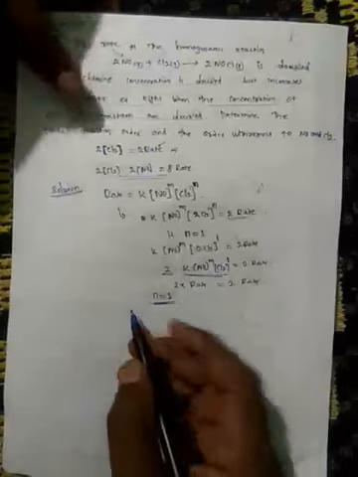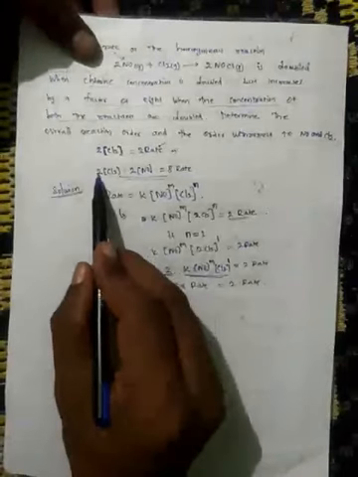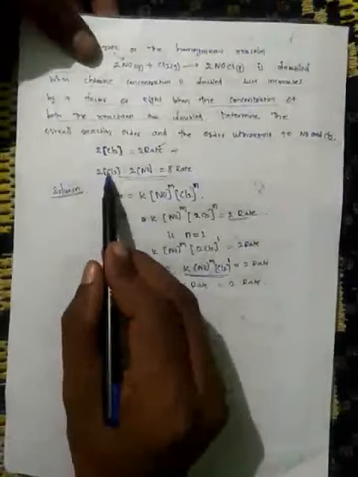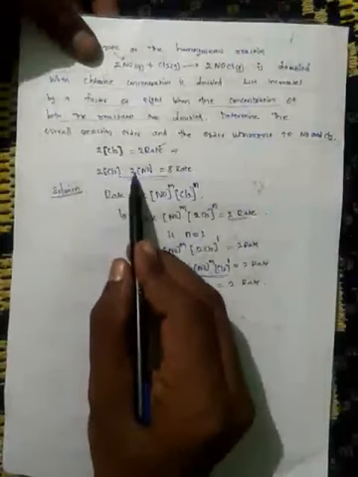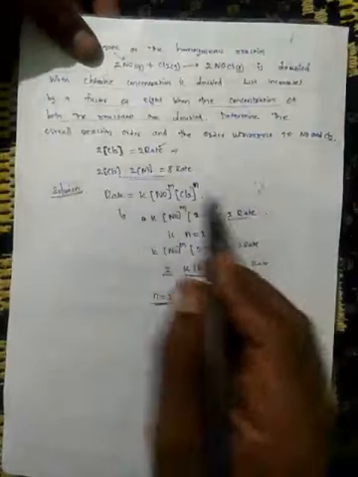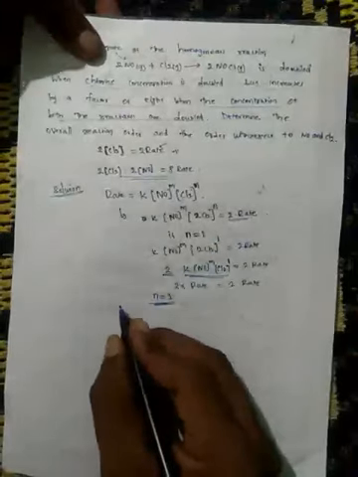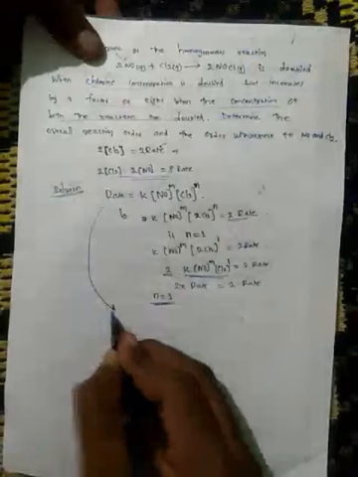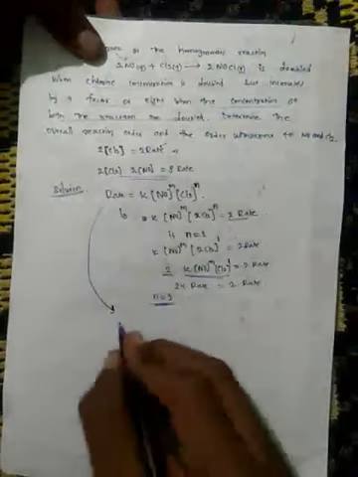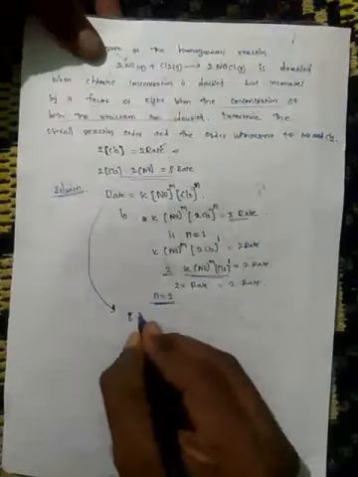Then you are doubling the concentration of chlorine and doubling the concentration of nitric oxide. The rate increases 8 times. So now I use the same rate law. The rate now becomes 8 times of rate.